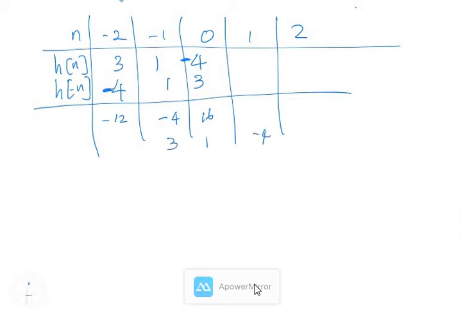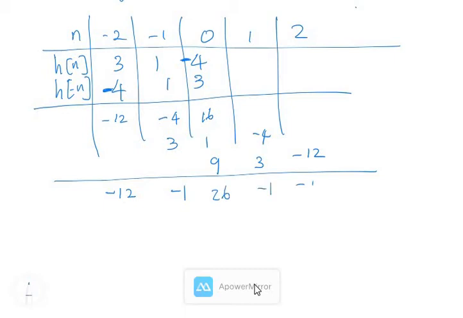And this one is 9, 3, and negative 12. So when I sum up, I get negative 12, negative 1. This one I get 26. This one I get negative 1. And this one negative 12. So my Rhh[n] is negative 12, negative 1, 26, negative 1, and negative 12.